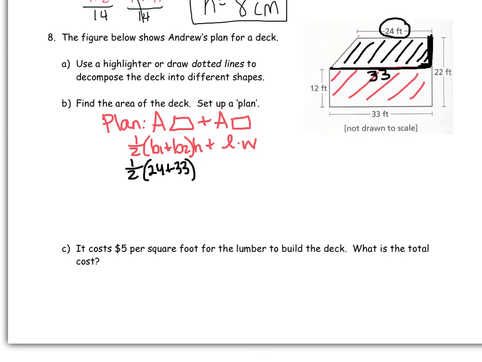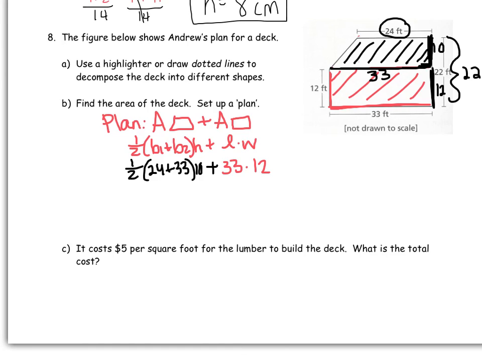So I know if I take the whole height of 22 and subtract this portion, which is 12, I will get the height to be 10, because 22 minus 12 gives me 10. Moving to the rectangle, that one's pretty easy because I have a length of 33 and a width of 12.